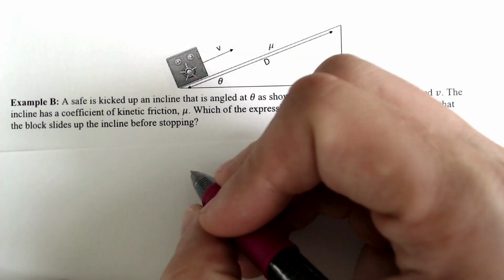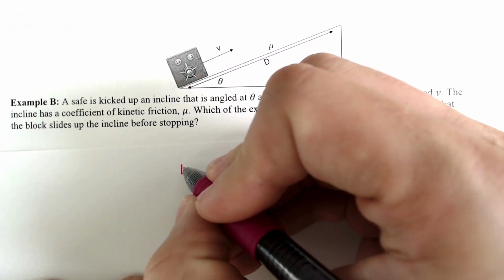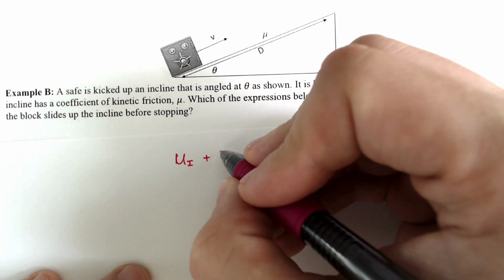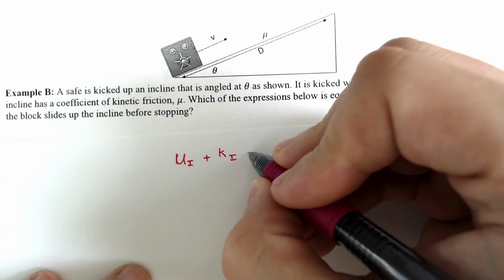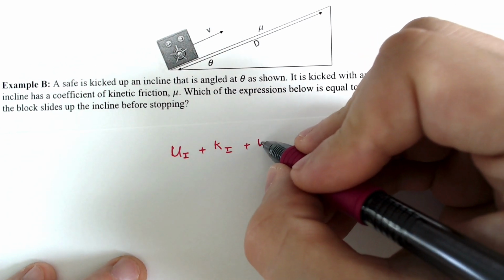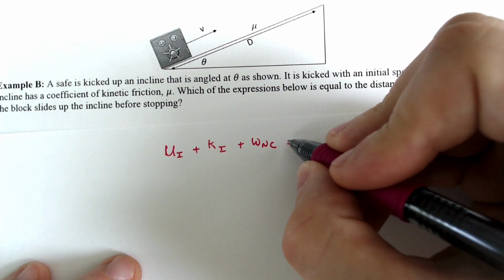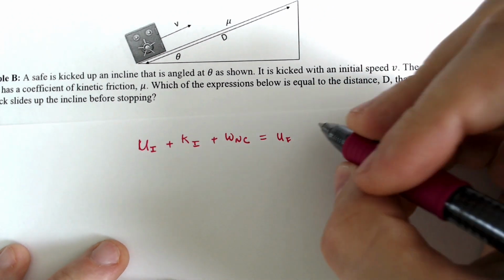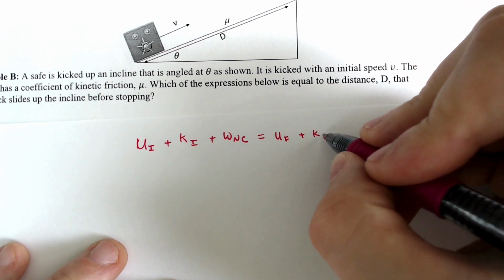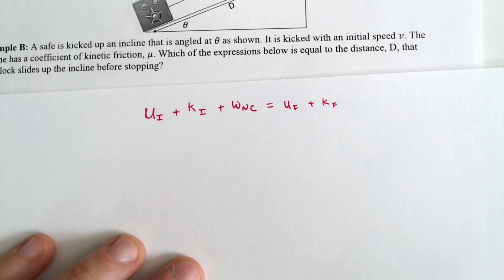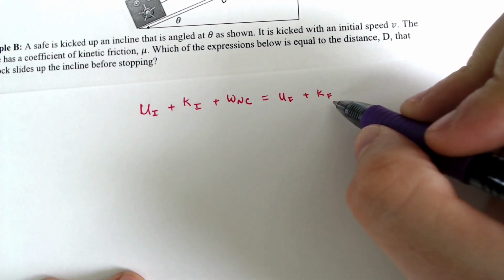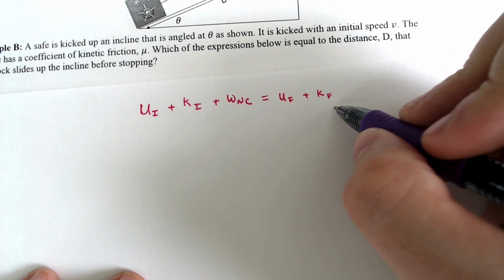We have the U initial plus the K initial plus our work done by non-conservatives will have to equal our U final plus our K final. We want the K final to equal 0.